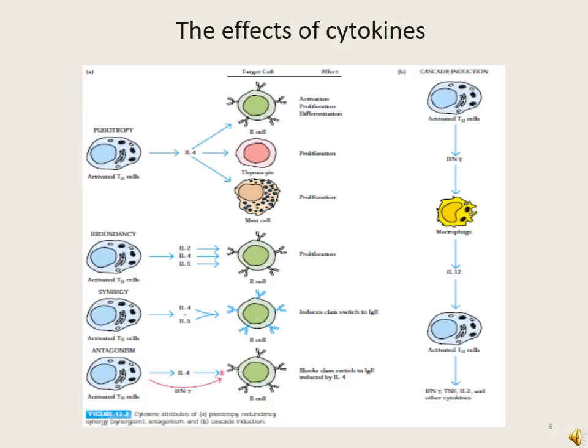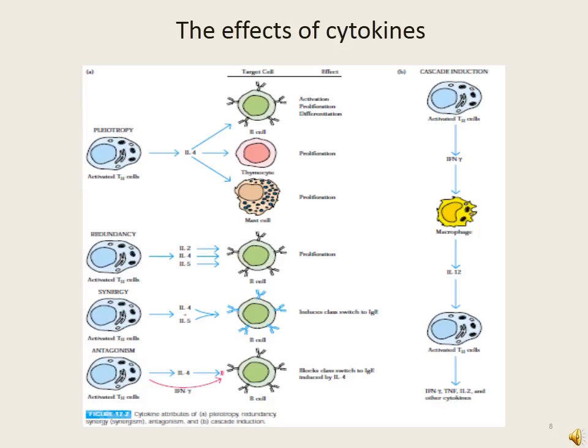That is, IL-2 can induce B cells to go on to proliferation. IL-4 can induce B cells to go on to proliferation. IL-5 can induce B cells to go on to proliferation. This is called the redundancy effect of cytokines.